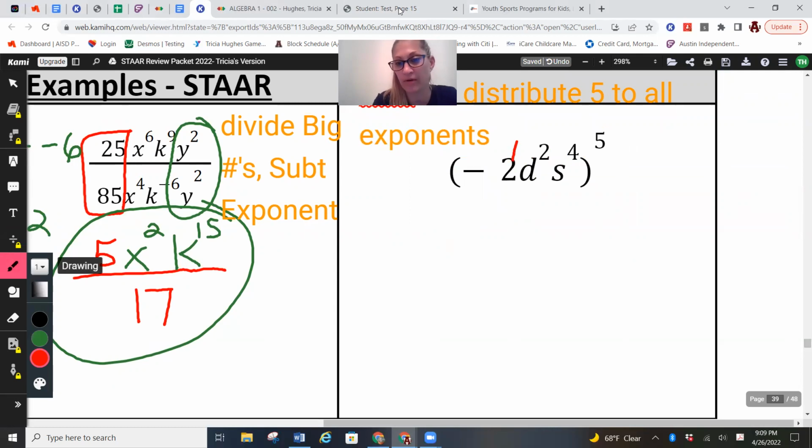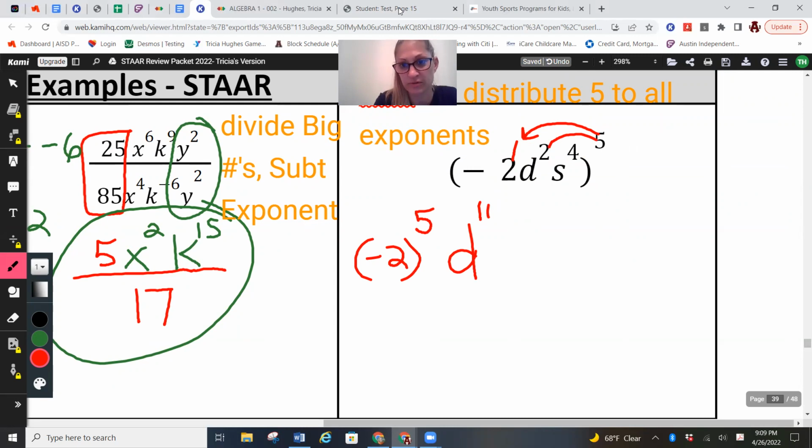Put a 1 above anything that doesn't have an exponent. And now multiply. Negative 2 to the power of 5 times 1. D to the power of 5 times 2. S to the power of 4 times 5.